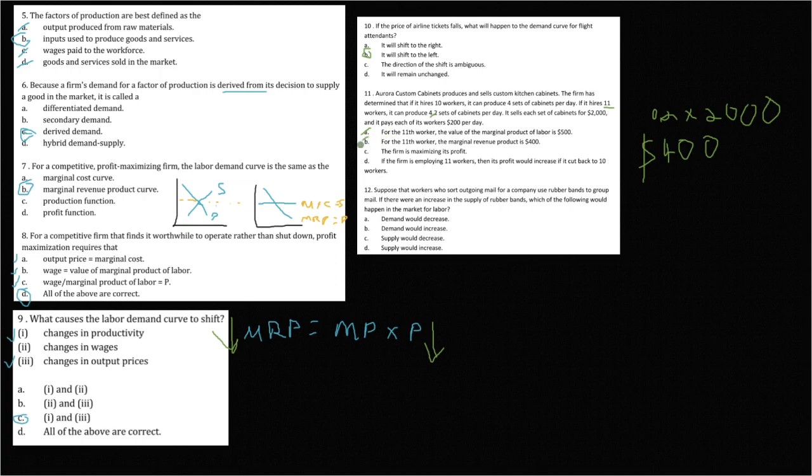So B seems pretty good. We don't know if the firm is maximizing profit or not, so we can't say C is true. And we don't know if it would increase or decrease because we don't know if they have increasing marginal product or not.